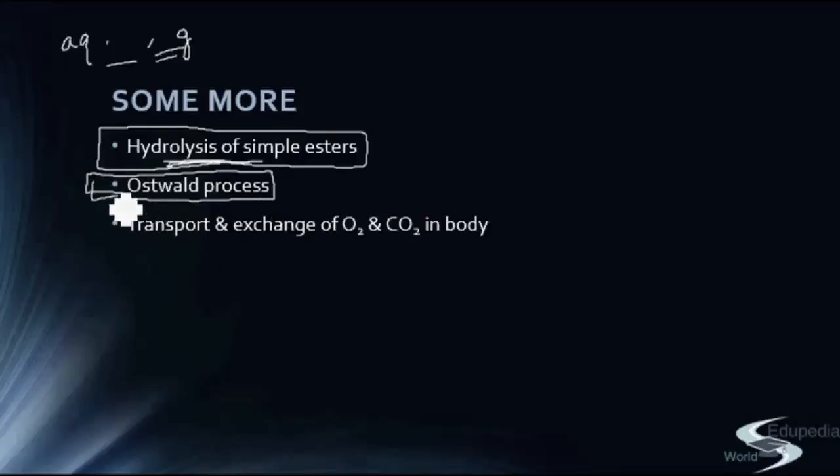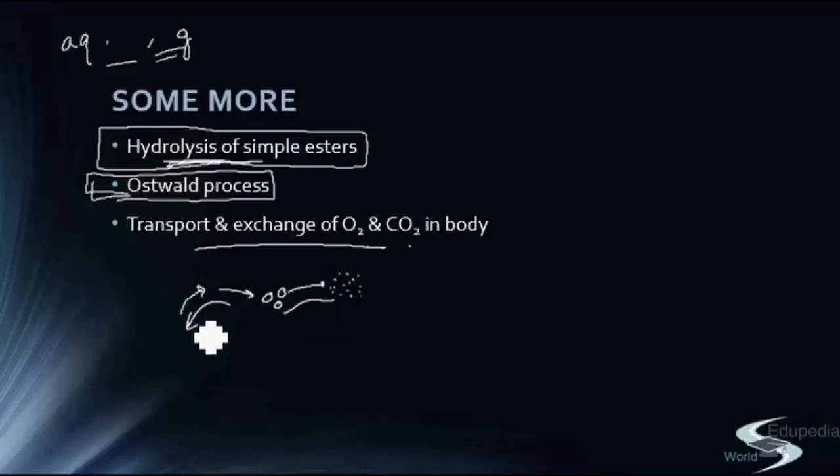There are also some real life examples like transport and exchange of oxygen and CO2 in our body. When we inhale oxygen, it gets attached to molecules in blood, and that blood takes it to all the other cells of our bodies. From there it takes back CO2, and that CO2 is exhaled out. This is not a very precise picture obviously, but a crude picture of what happens when we inhale and exhale.